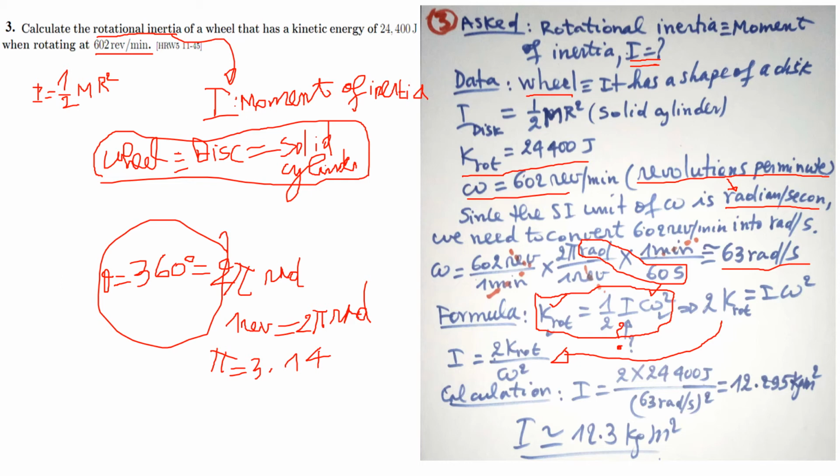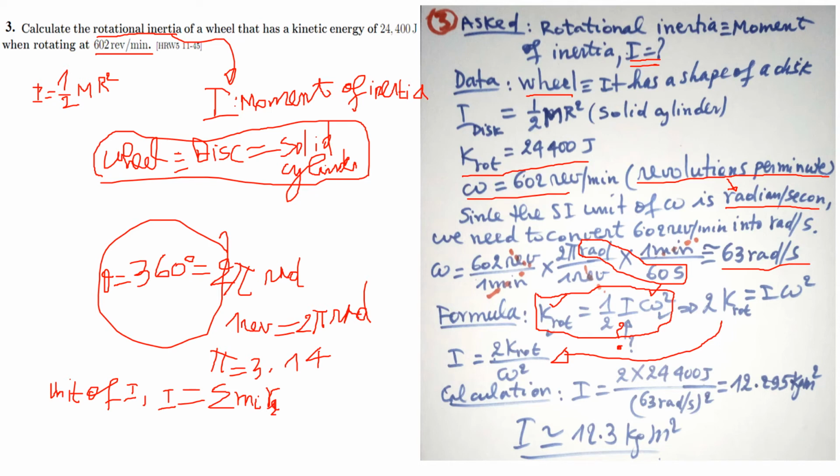Why do we say that the unit of the moment of inertia is kilogram meter squared? It's because actually the moment of inertia is said to be equal to the sum of the product of masses m_i times the square of the distances.